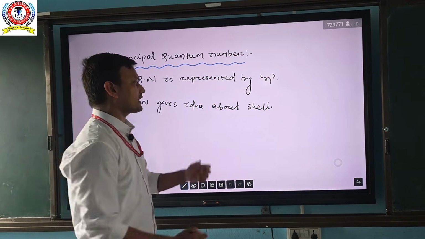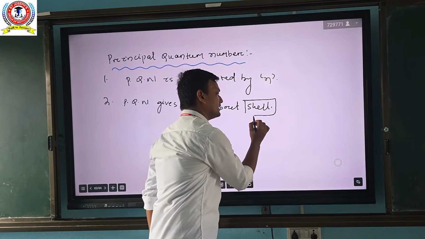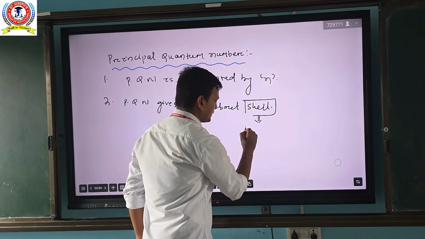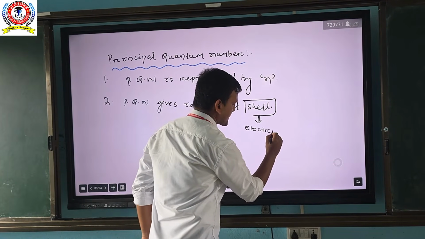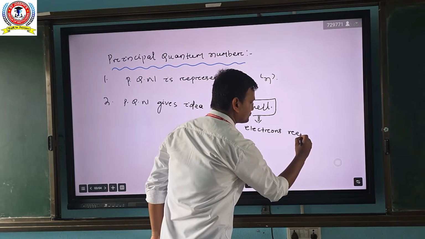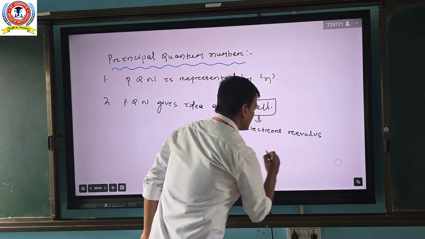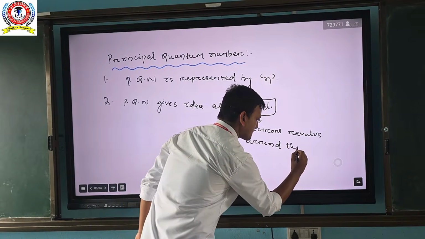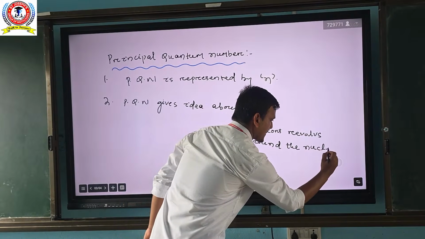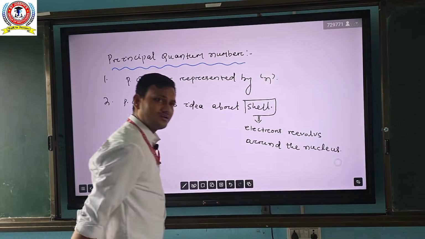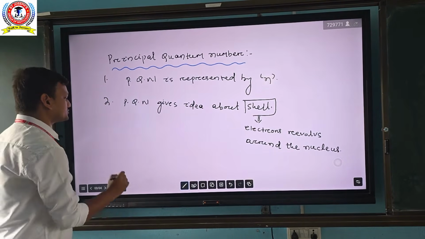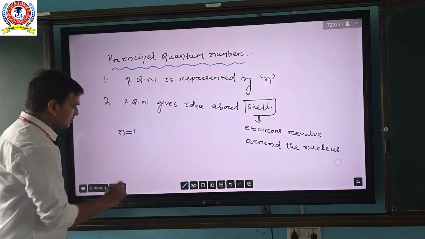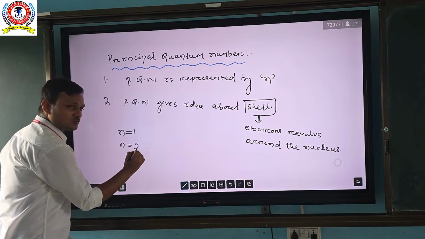Principal quantum number gives an idea about the shell. What does it mean? It tells in which shell the electron revolves around the nucleus. Now the question arises, suppose we say n is equal to 1 or n is equal to 2.